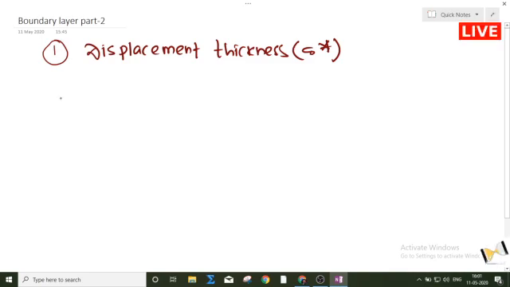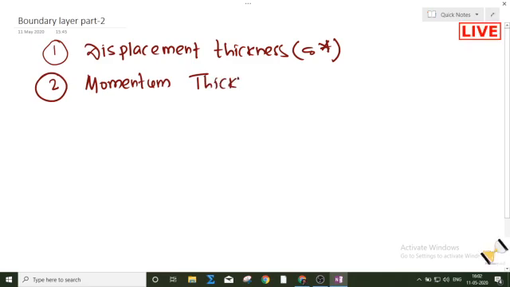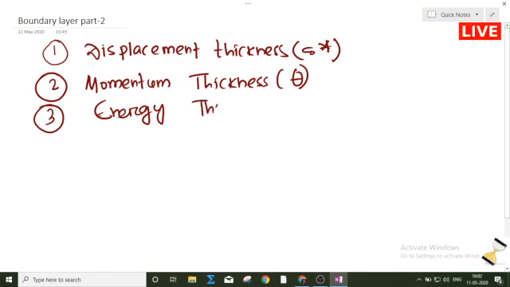The second one is momentum thickness, which is represented by theta. And the last one is energy thickness, which is represented by delta double star. Today we are going to see in detail about displacement thickness, and also look at the definition, what exactly its meaning is.